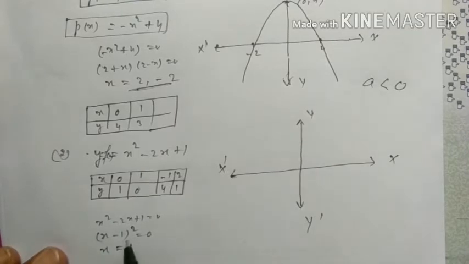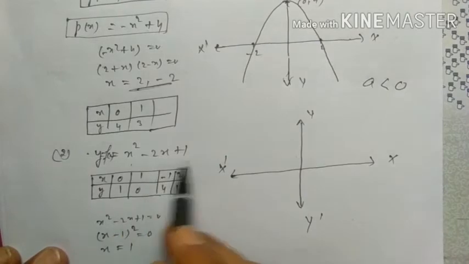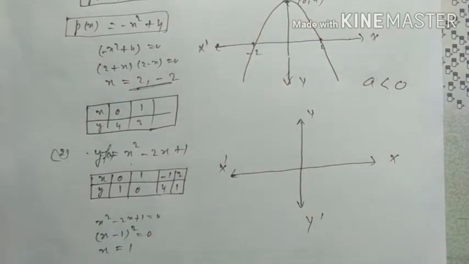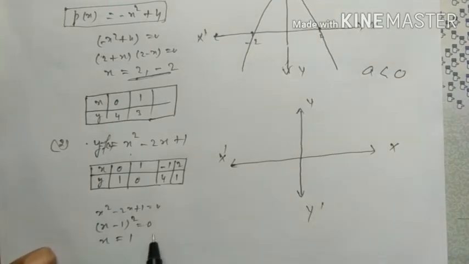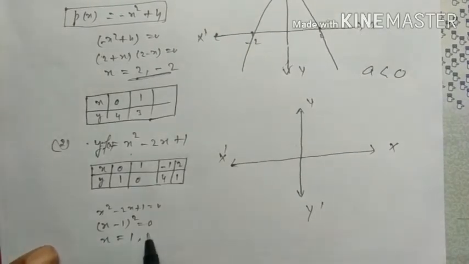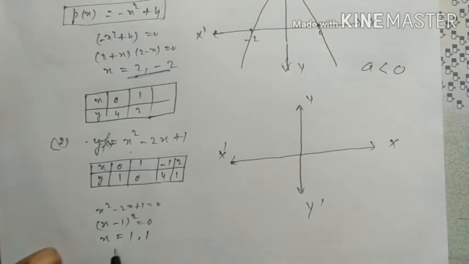There are two values of x, 1 and 1. The roots of this equation are 1 and 1, both are same, but these are the roots.